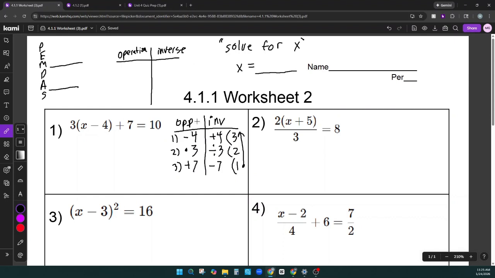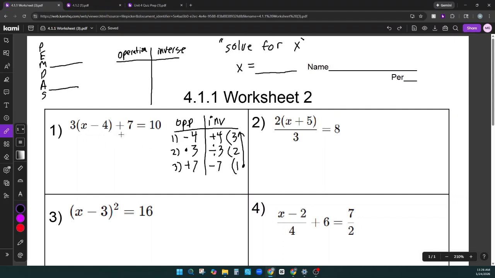Because if I try to cancel my first operation first, if I try to do plus 4 to cancel this minus 4, I can't, because my x and 4 is inside the parentheses, and I can't affect what's inside the parentheses while there's still everything else around it. So if you come into a barrier like that, go back and make sure that we're doing the inverse operations in reverse order, starting from the bottom of your list and going back up.